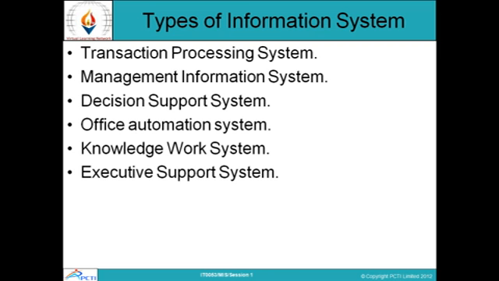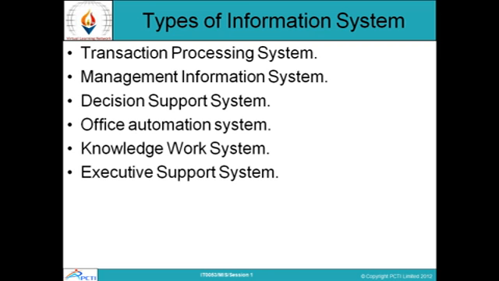Management information system is the collective concept which merges the information system with the management hierarchy, in which the information system is utilized by different levels of the management. A decision support system is not responsible for producing a fruitful decision, rather it helps the decision taker in supporting their decisions.